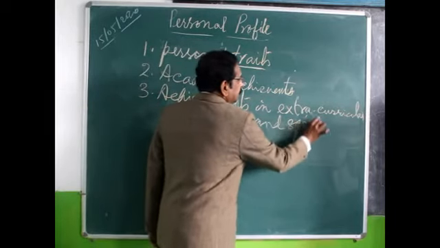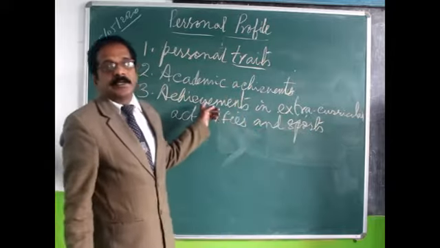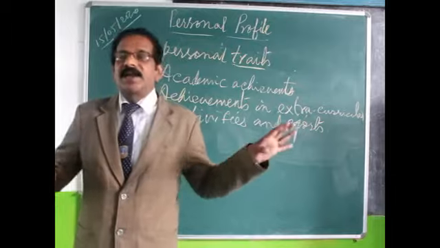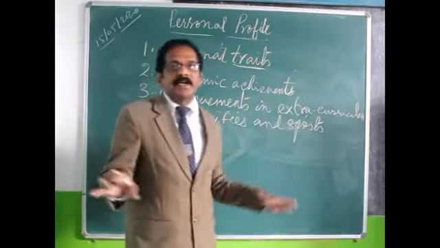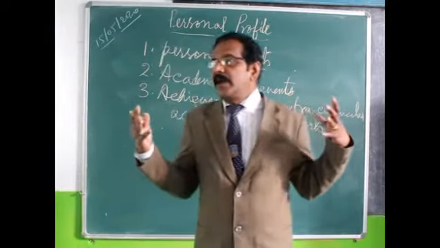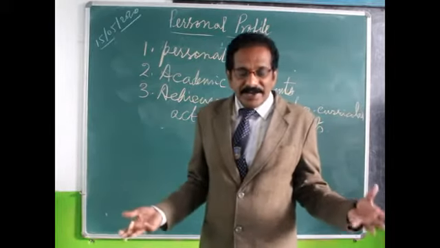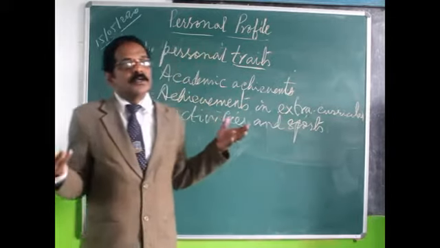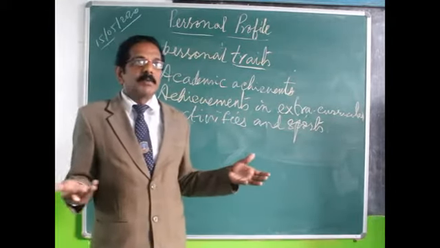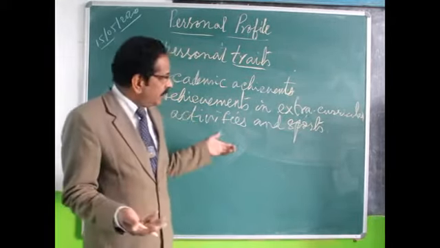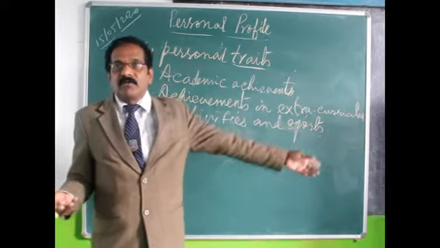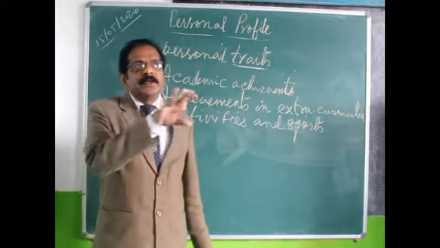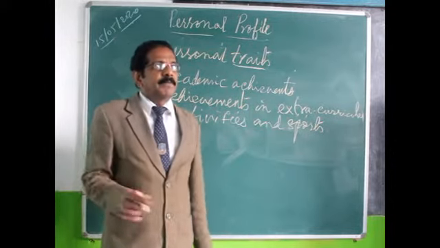Okay? So you mention all these extracurricular activities that you have taken part in. You may have taken part in some of the stage activities like a debate. You may have been a very good debater. You may have been a very good orator at school. You might have got some awards for it, or you may have been a good sprinter and you have got a certificate for it. All these things you should elaborate.